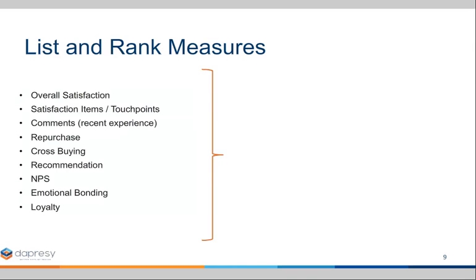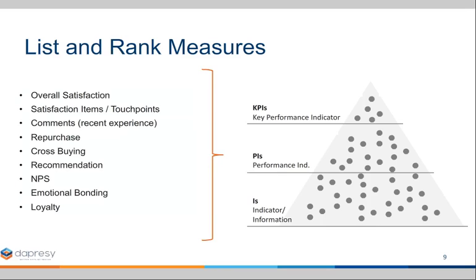And as a next step, it's essential to consider what are the most important measures and to divide those measures into 3 buckets. One is the KPI bucket, one is the PI bucket, and one is the I bucket. KPIs should be those who are really strategic.